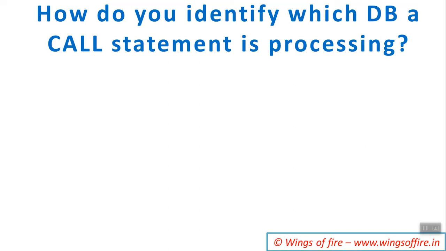So we have to see in which sequence this PCB mask in the call is in the entry statement. Suppose it is the second PCB mask in the entry statement, then it is mapped to the second PCB in the PSB. This is how we identify which database a call is accessing.